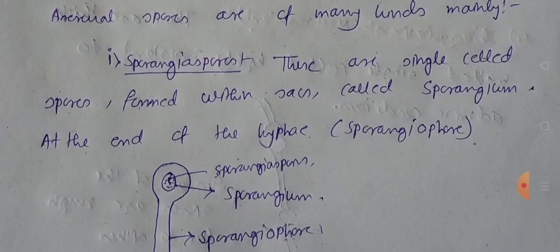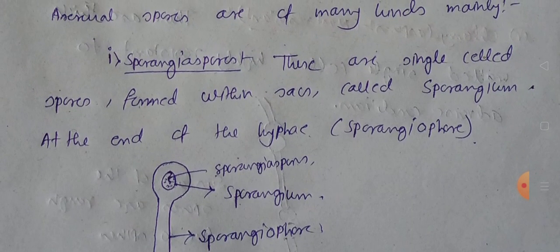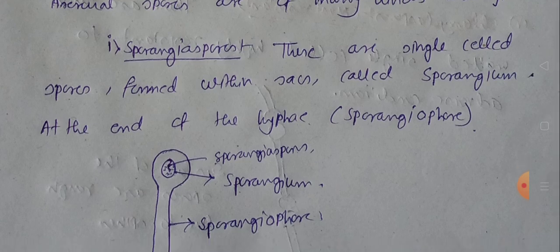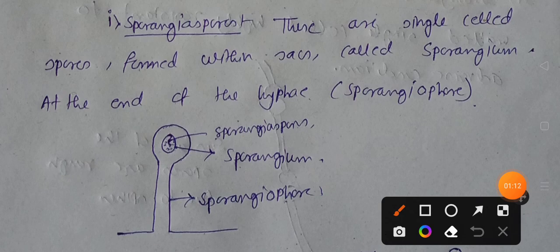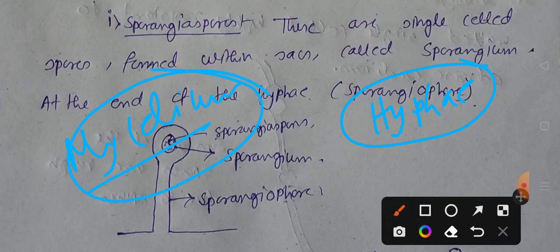Okay, so let's start the main part of the video, that is the different types of asexual spores. So first, sporangiospore. Here I want to mention one important term, that is hyphae. This hyphae is a tubular structure and many hyphae together make mycelium, and this mycelium is important in fungal cell morphology.